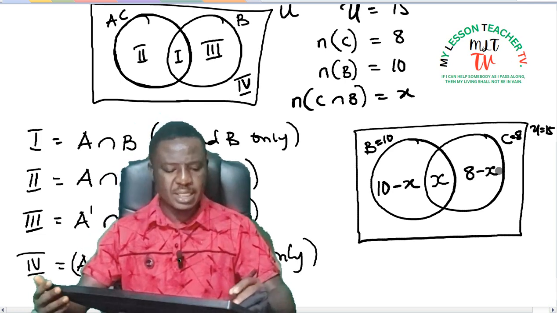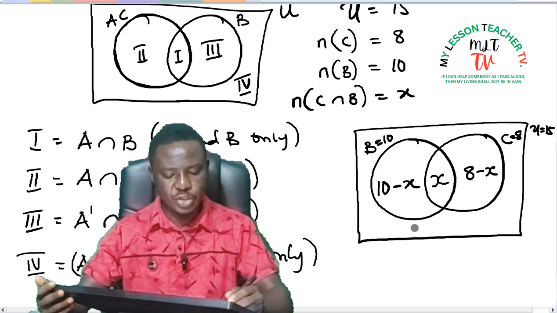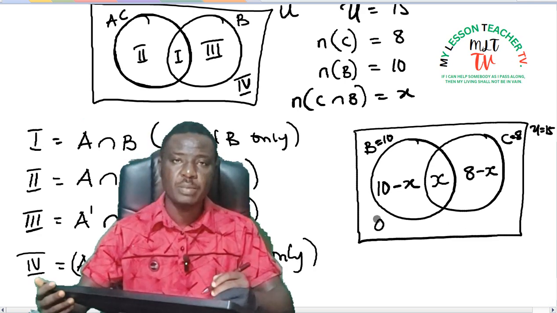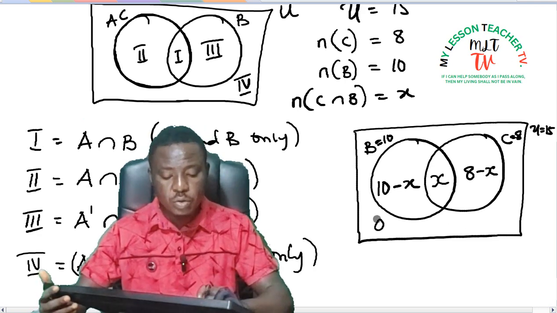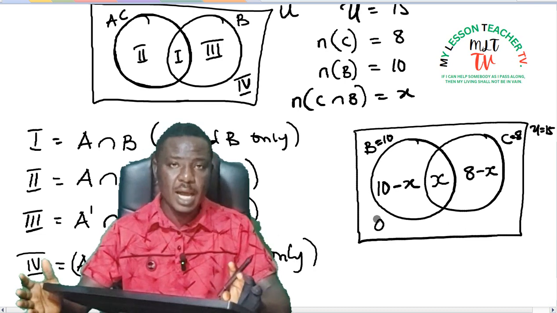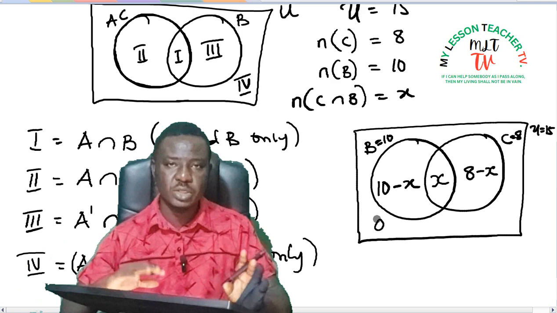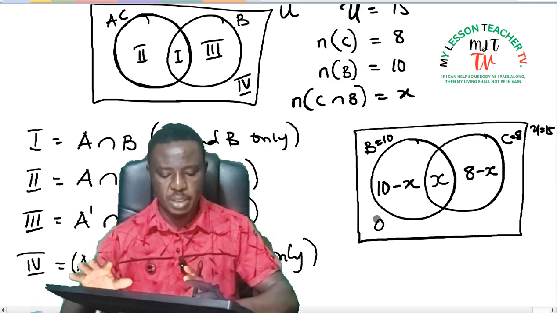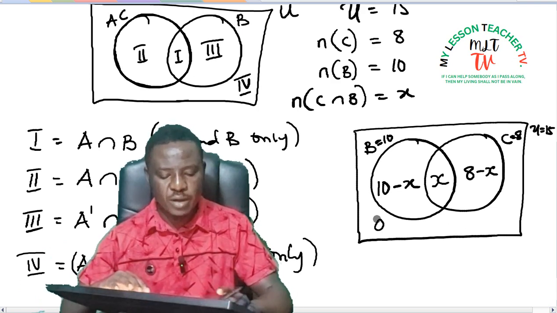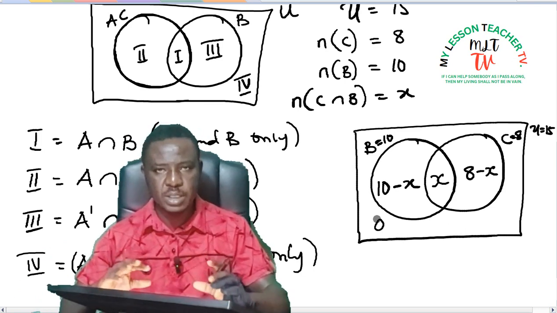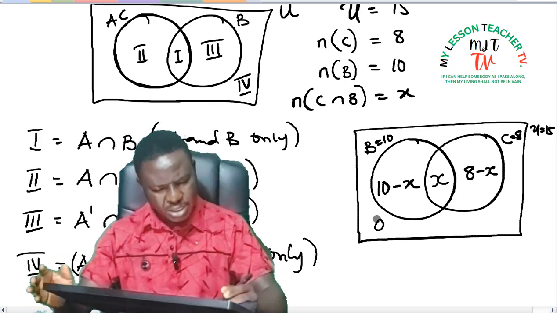But from the analysis, they didn't tell us that we have any in region 4. It means that region 4 is 0, meaning none of the adults confessed to not smoking cigarettes nor drinking beer. So the number of those in the universal set but not in set A or B is 0.